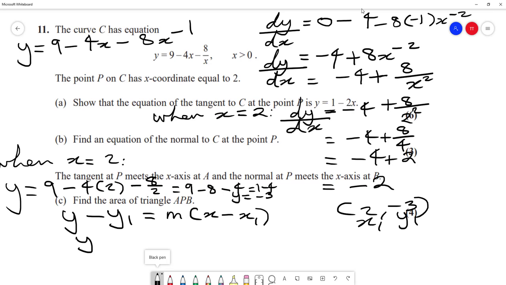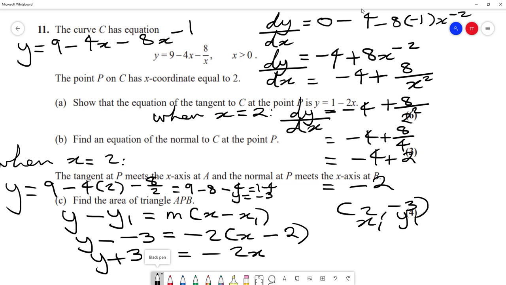So I say y minus y1, which is minus 3, equals the gradient we've worked out, which is minus 2, times x minus 2. So we get y plus 3 equals minus 2x plus 4.